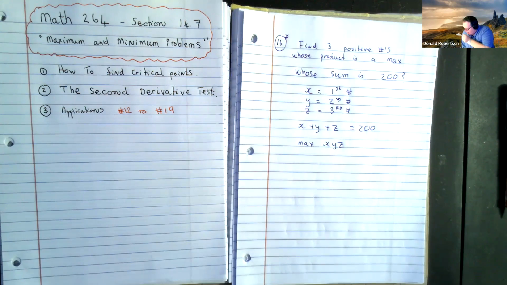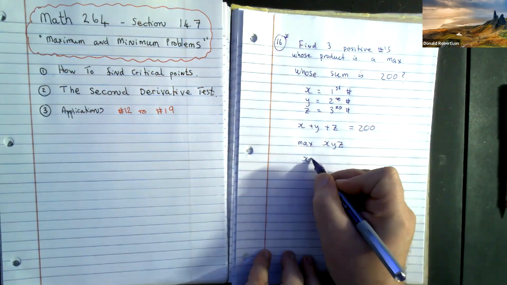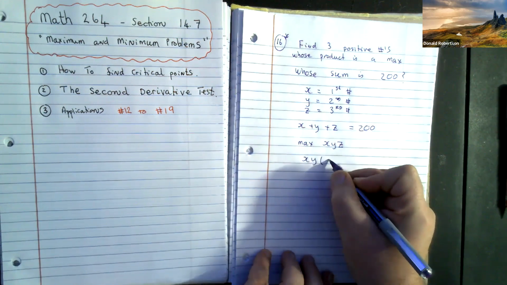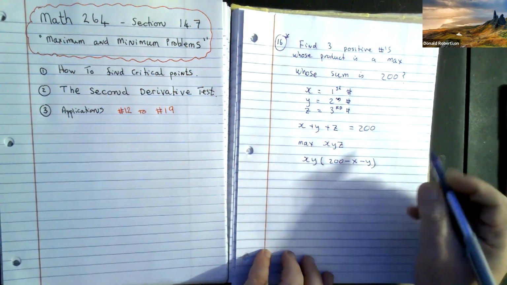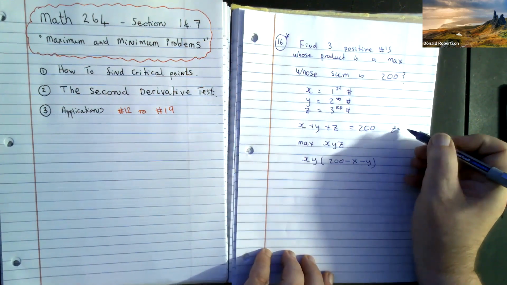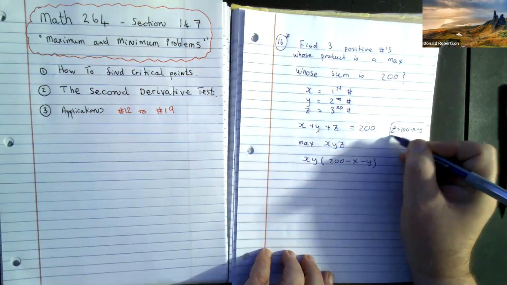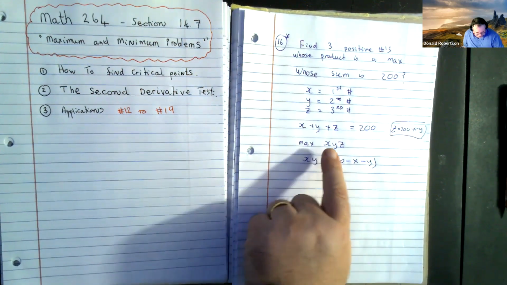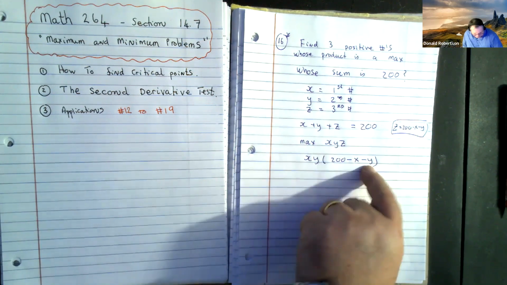Okay. So I'm going to take this guy here and rewrite him as X times Y times (200 take away X, take away Y). Because if you rearrange this, you can find out what Z is in terms of X and Y, right? So instead of maximizing X, Y, Z, I'm going to maximize X, Y, this guy.